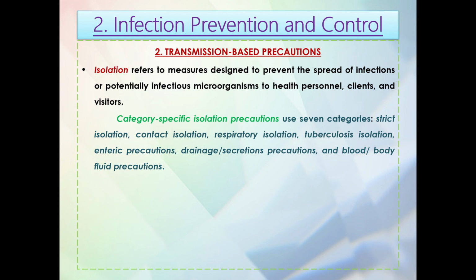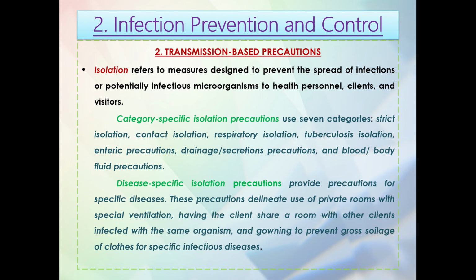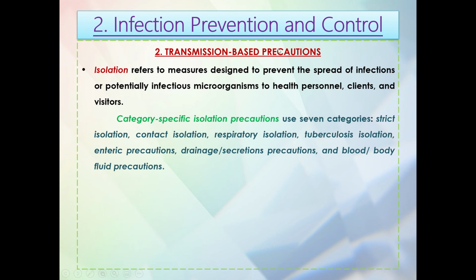Okay, so meron tayong two types of isolation. You have category-specific and disease-specific isolation precautions. So pag sinabi natin category-specific isolation precautions, meron siyang 7 categories. You have strict isolation, contact isolation, respiratory isolation, tuberculosis isolation, enteric precautions, drainage secretion precautions, and blood or body fluid precautions.